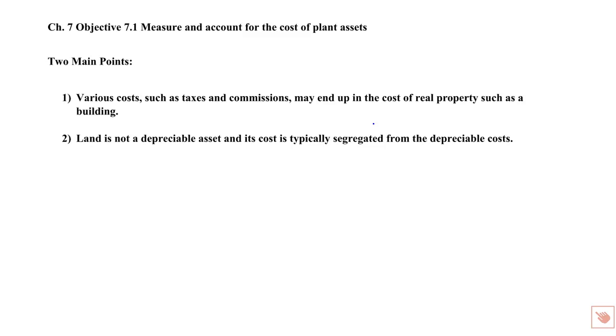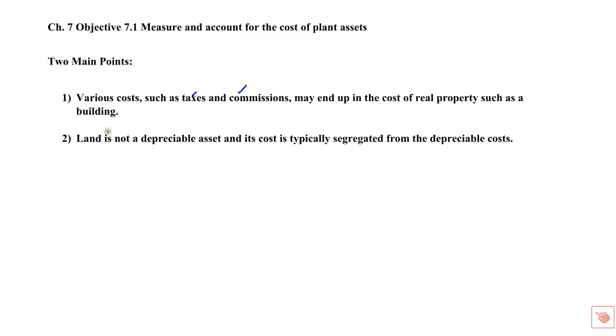So I mentioned here taxes and commissions are some obvious ones, like a real estate commission or a tax when you buy a property. Sometimes you have to pay a tax to the state, a stamp tax. And then they end up in the cost of a building, let's say, and then that building gets depreciated.